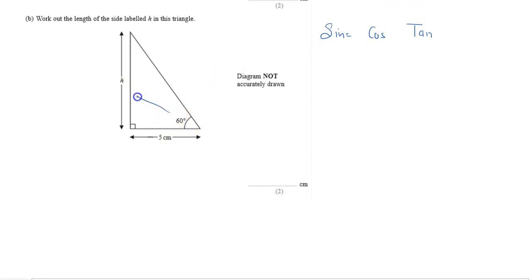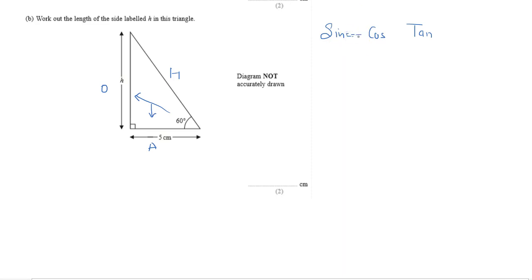If this is the angle, this is opposite, this is adjacent, and this is hypotenuse. Now this is opposite, and the hypotenuse is not given, he is not even asking for the hypotenuse.